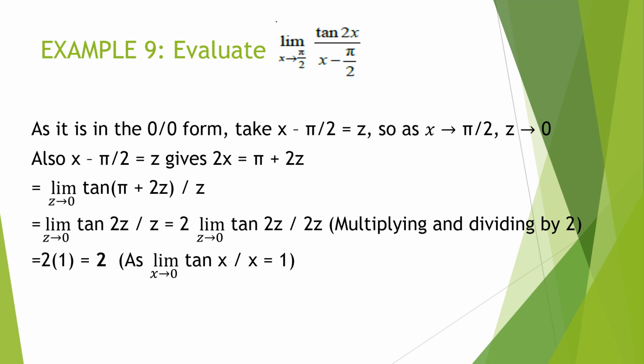So it is limit z tends to 0, tan of 2z upon z. Multiply and divide by 2. So you will get 2 into limit of tan 2z upon 2z. But we know that limit x tends to 0, tan x upon x is equal to 1. So it is 2 into 1, which is equal to 2. So the limit for this function is 2.